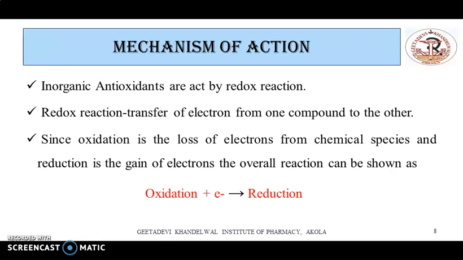When a substance acts as an antioxidant, as a reducing agent, it gets oxidized itself and prevents the oxidation of the active pharmaceutical species.